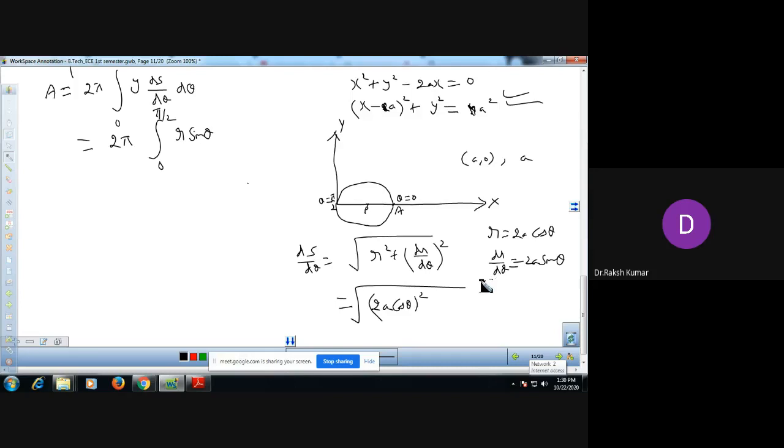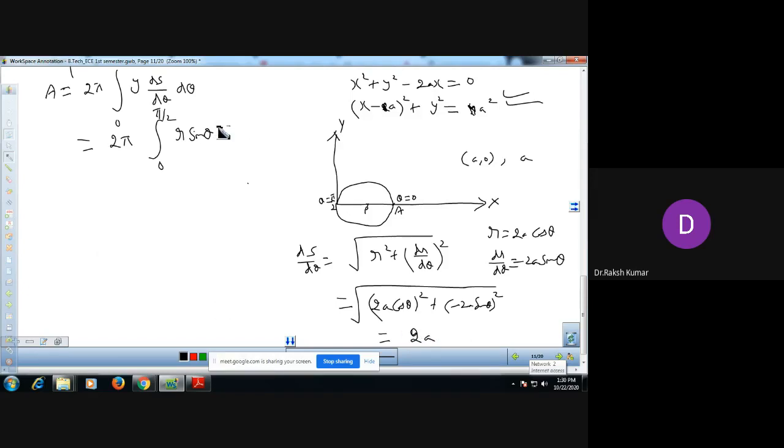So you can substitute the values now. That is minus 2a sin theta whole square. And it is clear. That is cos square plus sin square. It comes out to be 1. And the total value will come out to be 2 square 4, and a square is a square. So ultimately it comes out to be 2a.